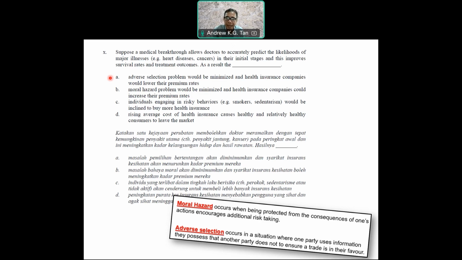In this case, the insurance agencies would be able to accurately predict the likelihoods of major illnesses such as heart diseases and cancer of their customers. So they have more information, then the adverse selection problem would be minimized, and health insurance companies can lower their premium rates. Otherwise, they will charge at the median range, average rates, right?